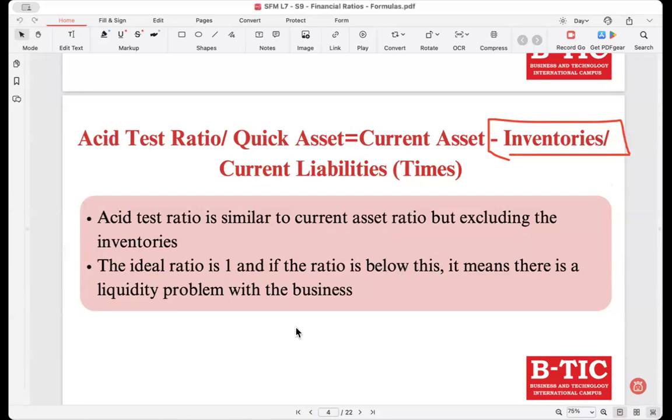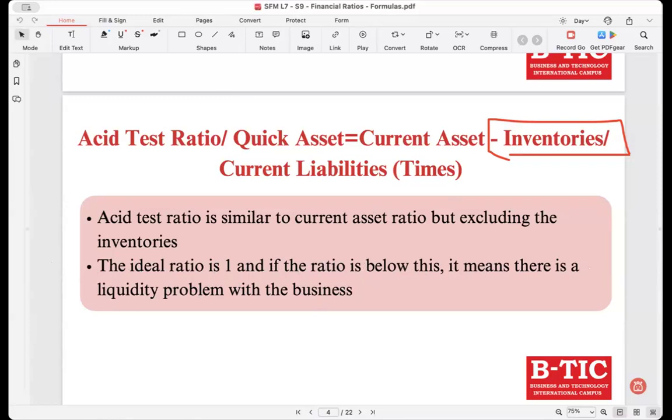For the asset test ratio, the ideal ratio is 1.